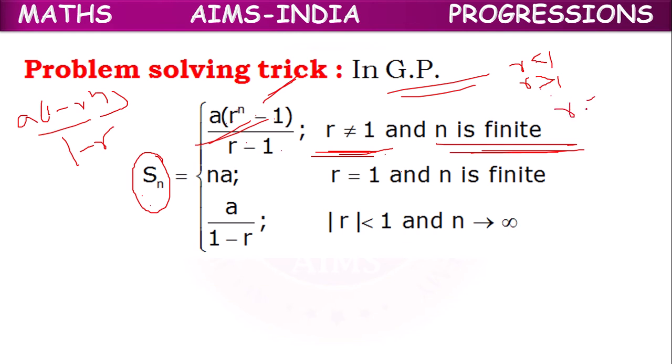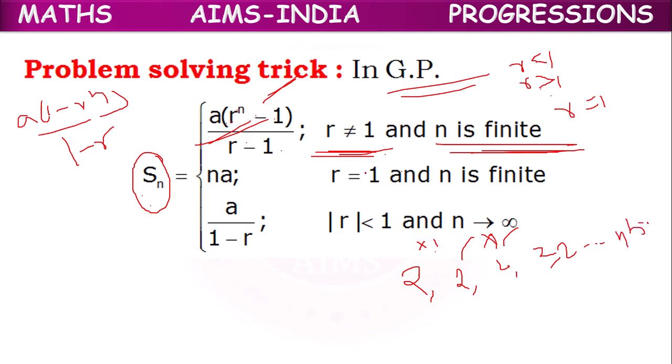If r equals 1, what happens? With r minus 1 in the denominator, this formula fails, so we should not consider it. If we have 2 as the first term and r is 1, we multiply by 1 to get the next term: 2 times 1 is 2, next term 2 times 1 is 2, like that n times.